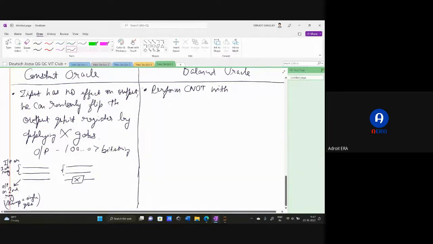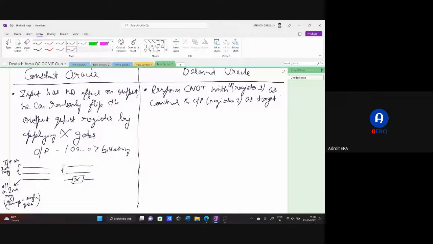Perform CNOT with register 1, that is the input, as control, and the output, which is register 2, as target. With this we will be concluding this class, and then continue again in the evening from 7 to 9.